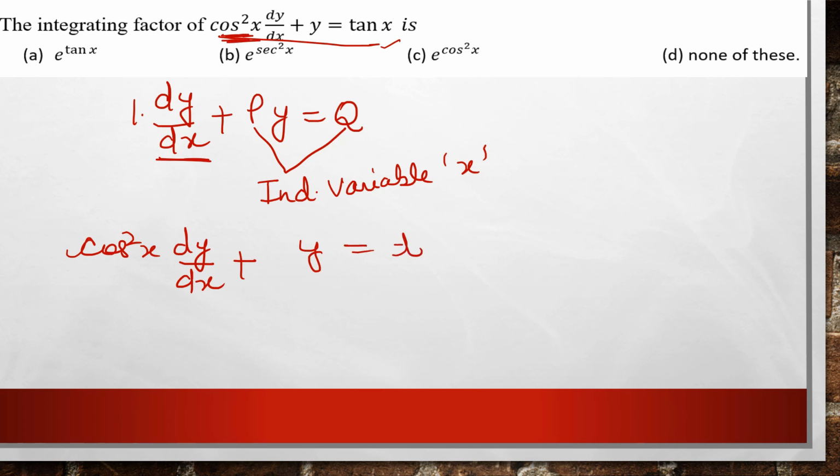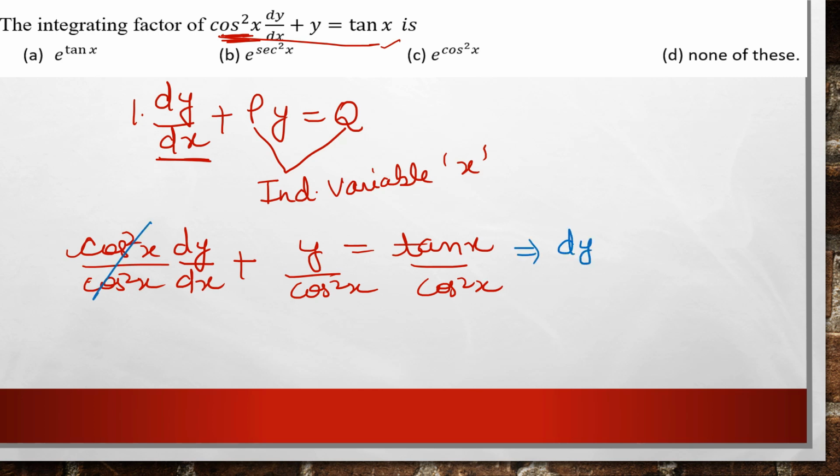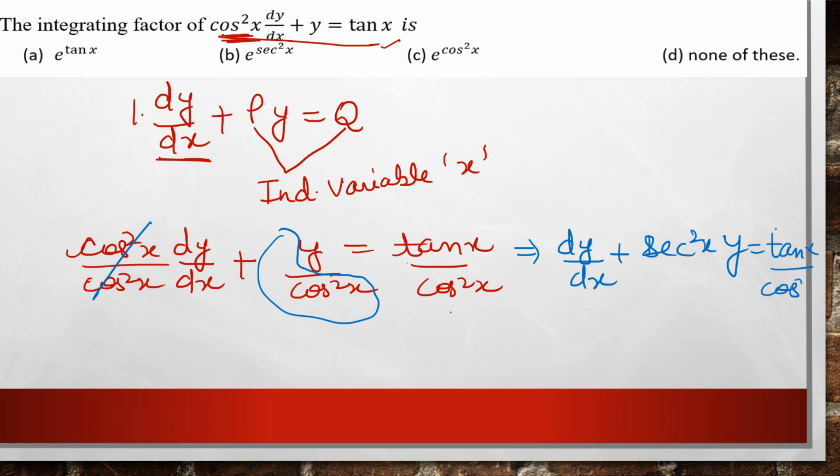Okay, so if you divide this by cos square x, this will be cancelled, and we'll get dy over dx plus 1 by cos square x, which is secant square x, times y, equals tan x over cos square x, which will be the same.